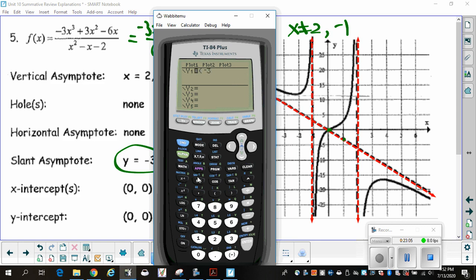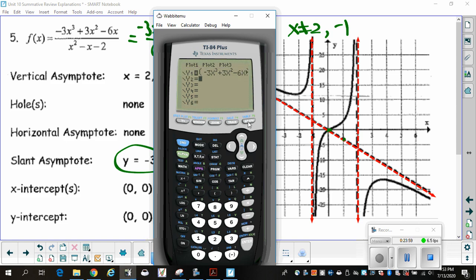When you graph this, -3x cubed plus 3x squared minus 6x divided by x squared minus x minus 2, in parentheses.